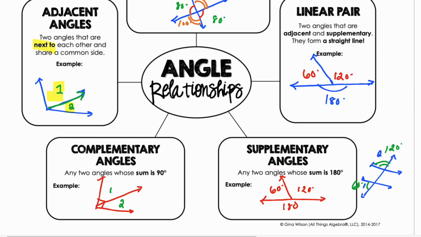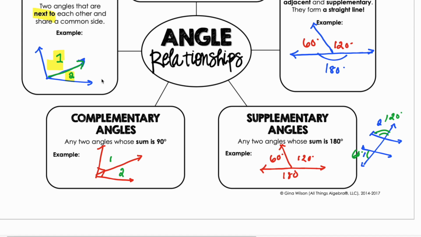And one last thing I want to add is some little sayings that you can add to your notes to remember the difference between complementary and supplementary angles. Oftentimes they get confused because they're not really words that we use.